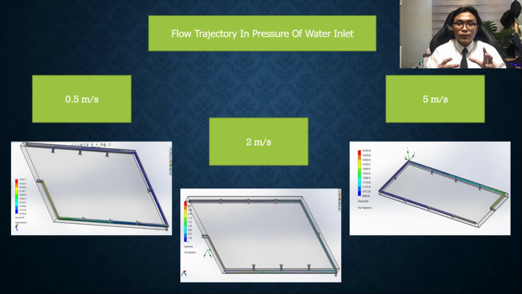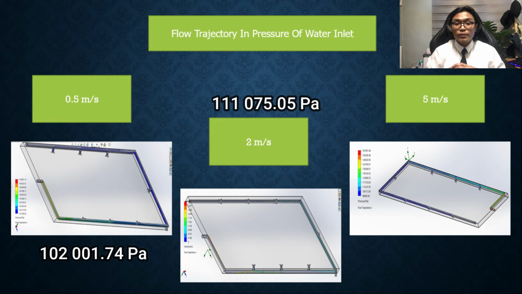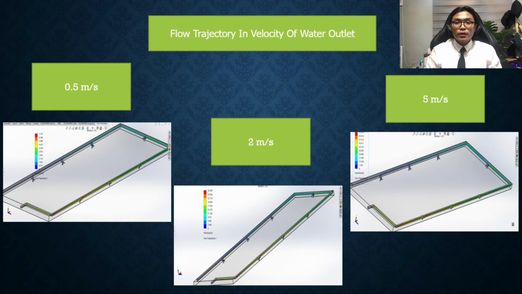And then for flow trajectory in pressure, for 0.5 meters per second, I got 102,001.74 Pascal. And then for 2 meters per second, I got 11075.05 Pascal. And lastly, for 5 meters per second, I got 161,561.48 Pascal.